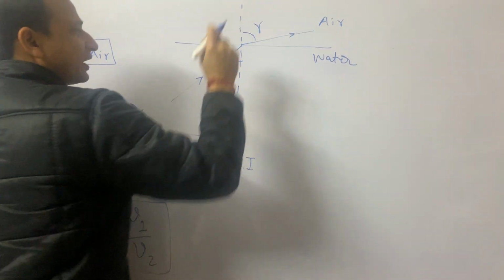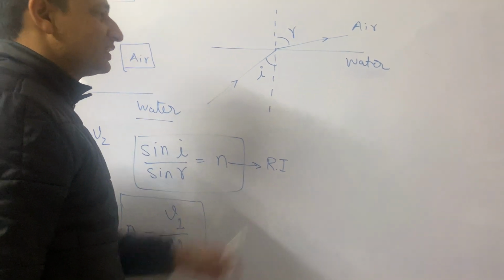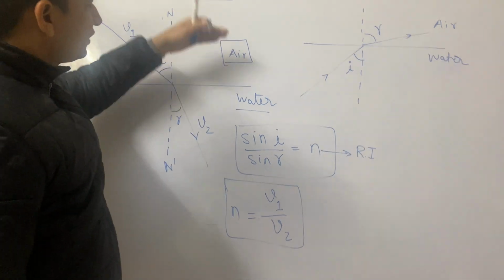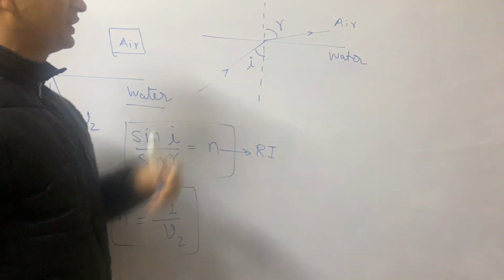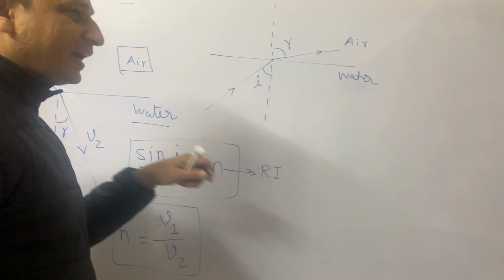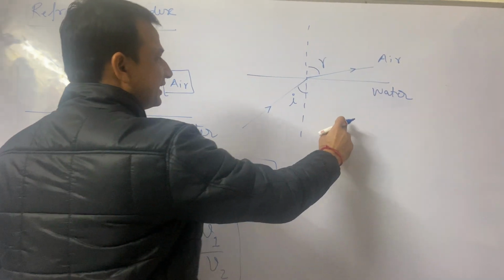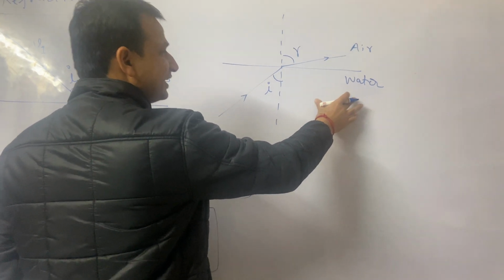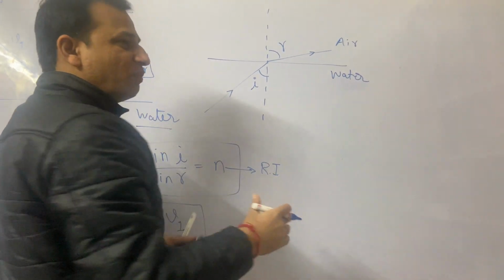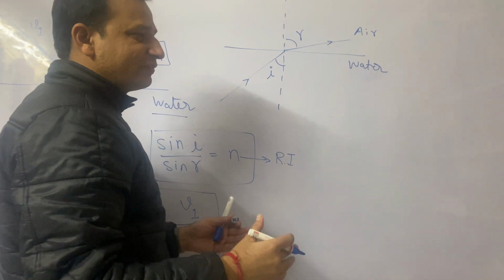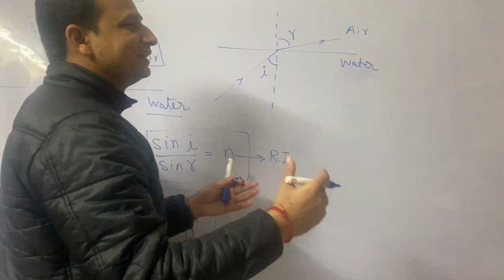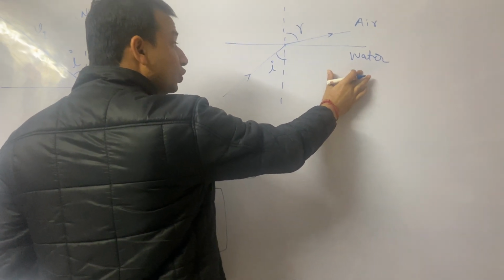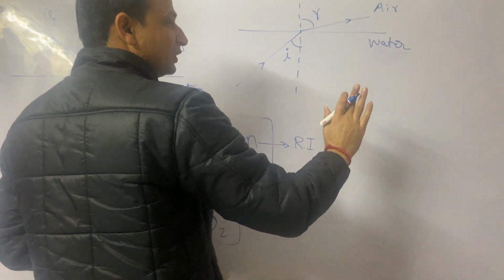And this is the new angle of refraction. Since our medium has changed, earlier it was air to water, now it's water to air. So to find the refractive index of water in this case, why am I finding the refractive index of water here also? Because most of the time we find the refractive index of the optically denser medium, and water is here the optically denser medium, though it's the first medium.